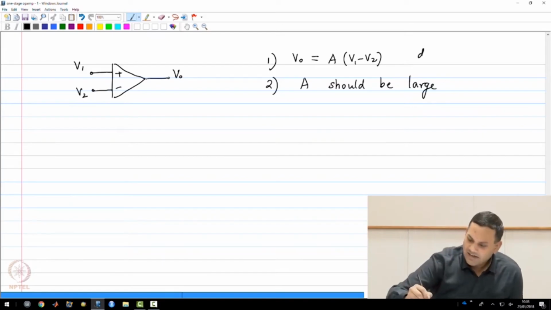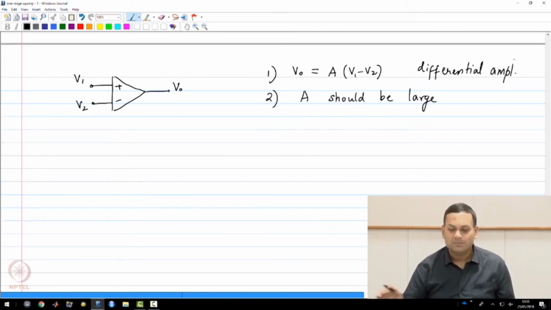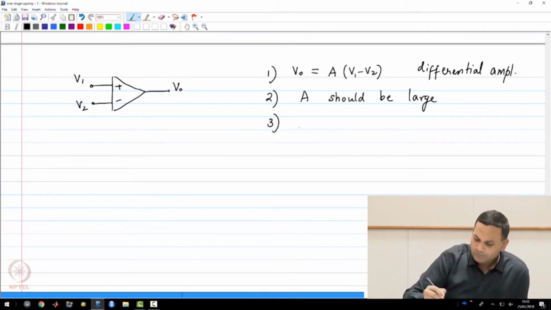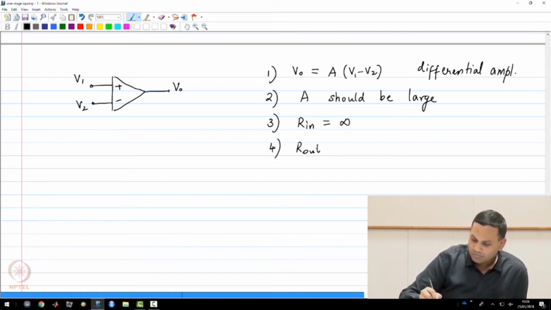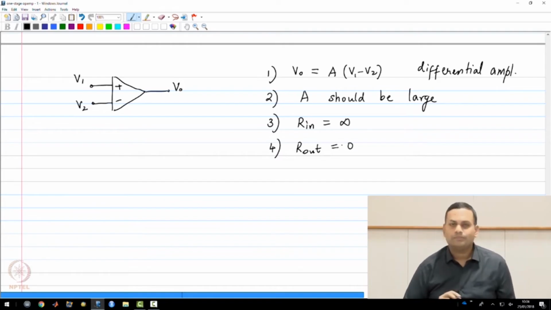We want differential amplification, so the op amp amplifies only the difference between V1 and V2. And of course we want Rin to be infinity and Rout to be 0. So these are the things that we want from an ideal op amp.